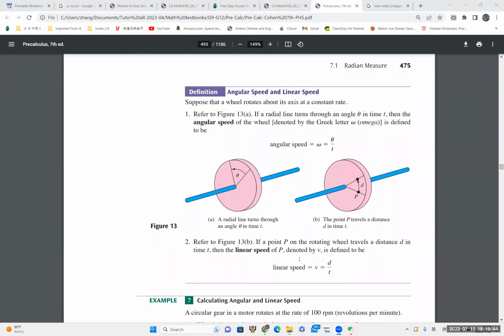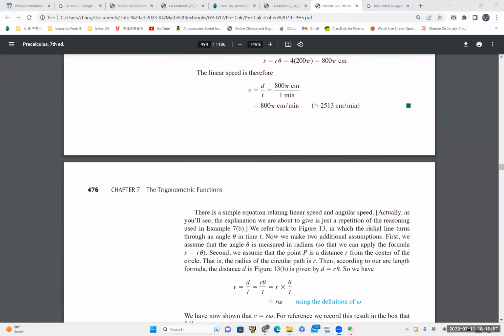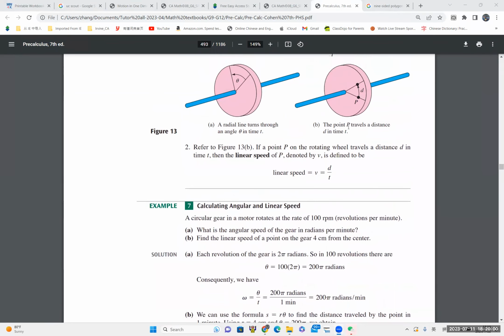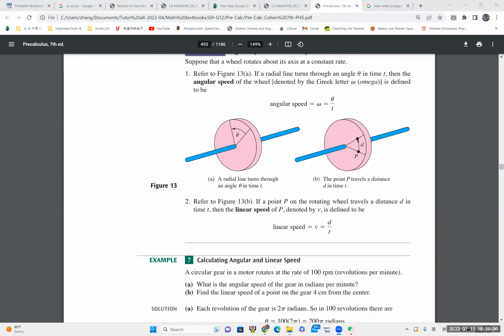For linear speed, it equals distance over t. Later maybe we have a case to find both the angular speed and the linear speed. That's fine.